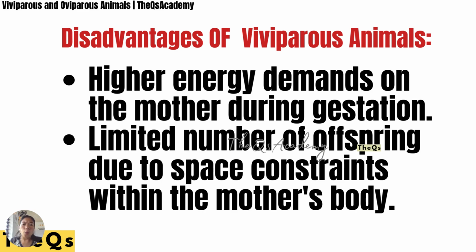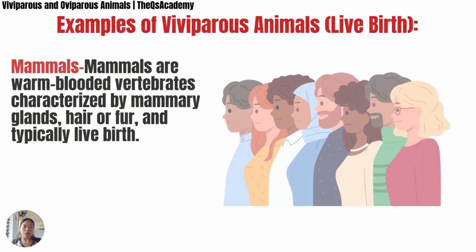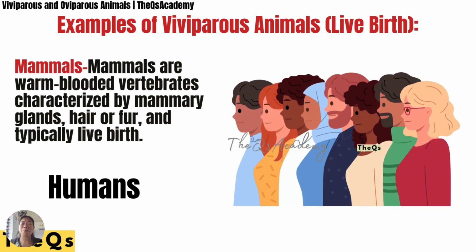Of course, so we have here examples of viviparous animals, live birth. Of course, the first one is mammals. Mammals are warm-blooded vertebrates characterized by mammary glands, hair or fur, and typically live birth. So the first example is humans.